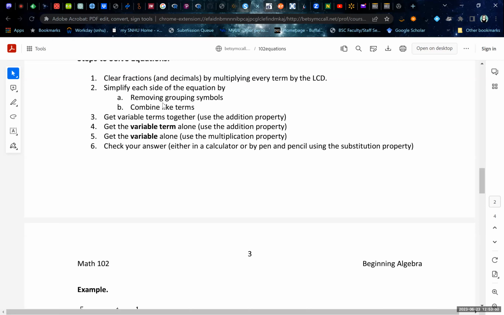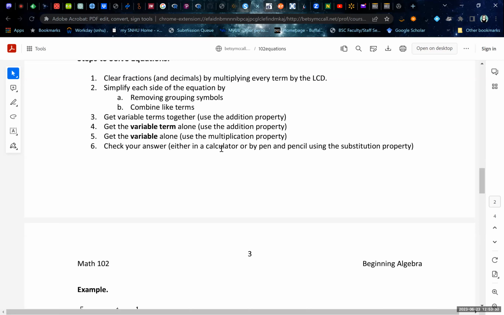And then you're going to try to simplify each side of the equation by removing any grouping symbols and combining like terms. And then you want to group all the variable terms on one side and all the constant terms on the other using that addition property. And then finally, it's a good idea, especially when you're learning this for the first time, to check your answer in a calculator or by the substitution property we talked about above, plugging it in and making sure both sides are equal.